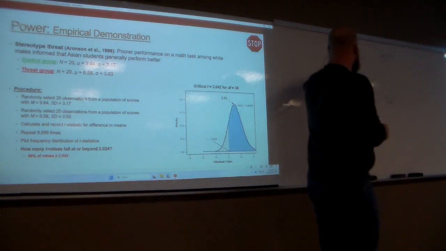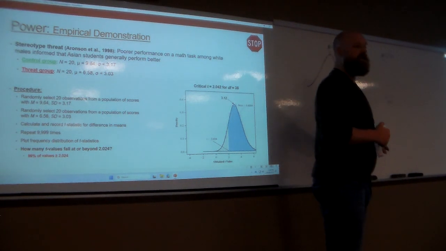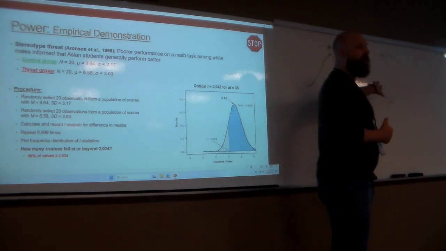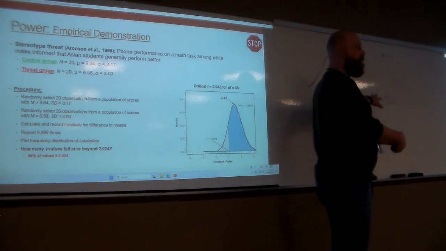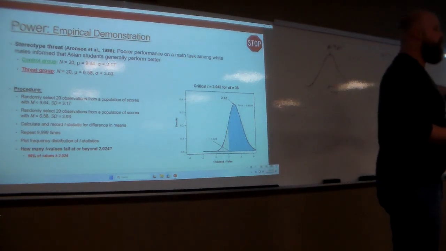If I take 20 scores out of this, 20 scores out of this, and run a t-test and see what I get, then I do it again. 20 new scores out of here, 20 new scores out of here. Do it again, and again, and again. Over the long term, I'm going to get a distribution of those t-statistics.